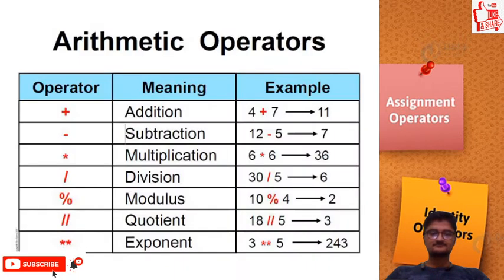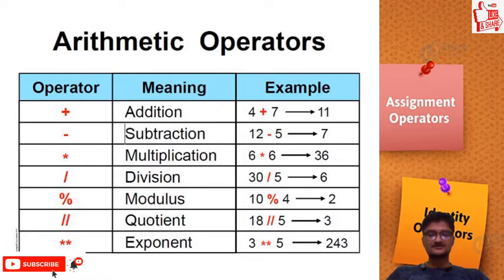Arithmetic operators. The arithmetic operators hold the addition, subtraction, multiplication, division, modulus, quotient, and exponential values in order to calculate these sorts of numbers. These are the operators which we can see on the left hand side of our screen.